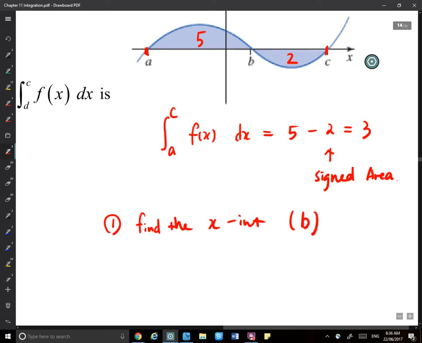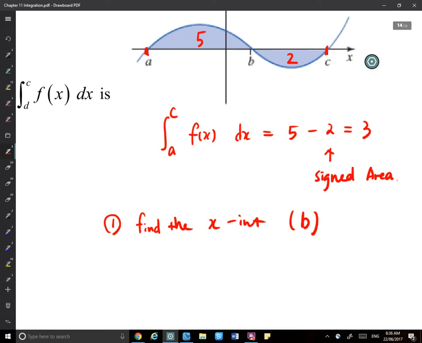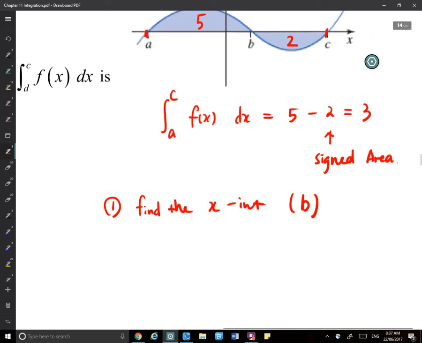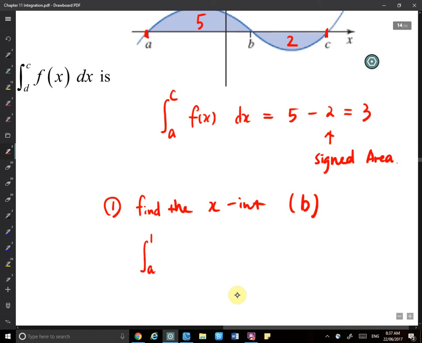The x-intercept changes the graph from positive to negative or negative to positive, where your graph changes the area from above to below. So b is the separating point. Between a and b, it is all above the x-axis, so the integral from a to b of f(x) dx will give you +5.